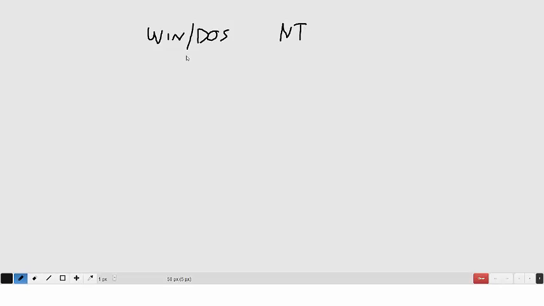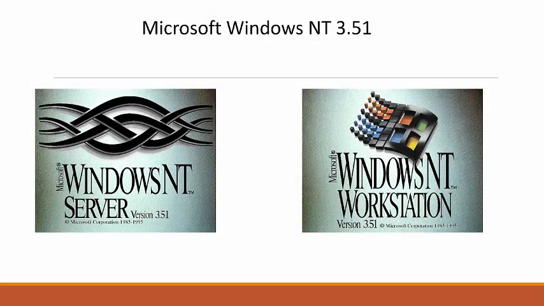So we ended up with two product lines running in parallel to each other. The Windows DOS version was intended for home use, and NT was intended for business, and that's really where they were trying to go with this. First version of NT came out in 95 time frame, 94, 95.